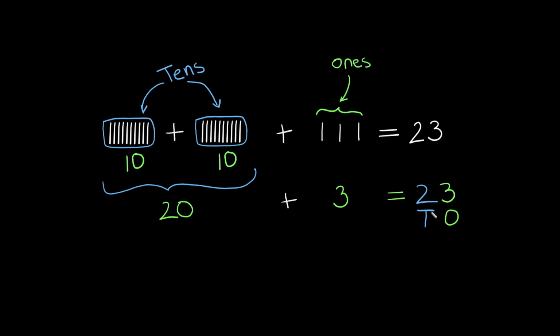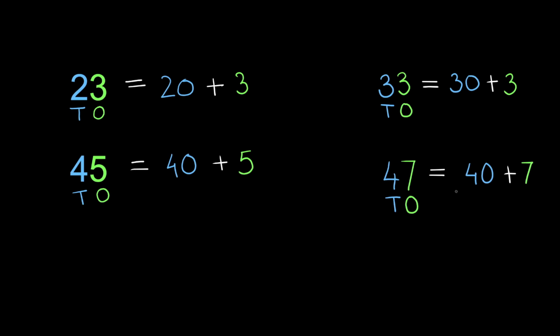Each number has a place and the place tells its value. So 2 in tens position gives you 20 and 3 in ones position gives you 3. Then we solved some numbers. So here 2 is in tens position giving us 20, 3 is in ones position giving us 3. Same for 45. 4 tens is 40 and 5 ones is 5.